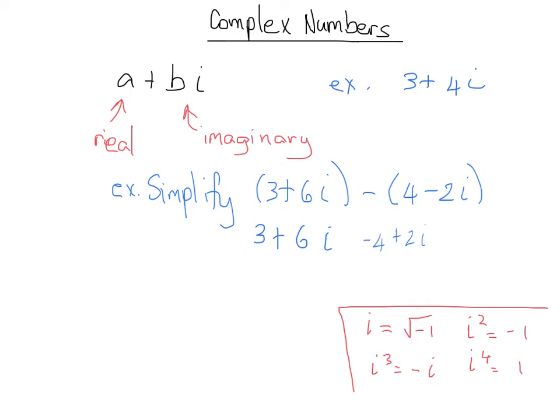Again, we're able to treat i like it's a variable, so these are like terms, and these are like terms. 3 minus 4 gives us -1, and 6i plus 2i gives us plus 8i. And that's how we would add or subtract complex numbers.